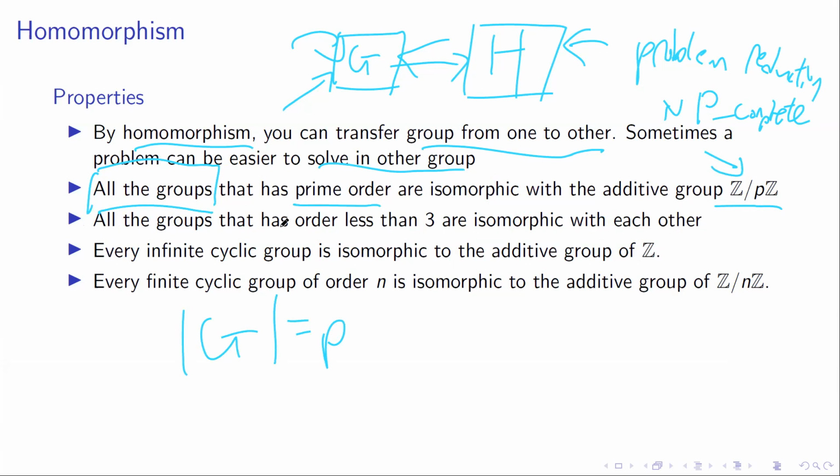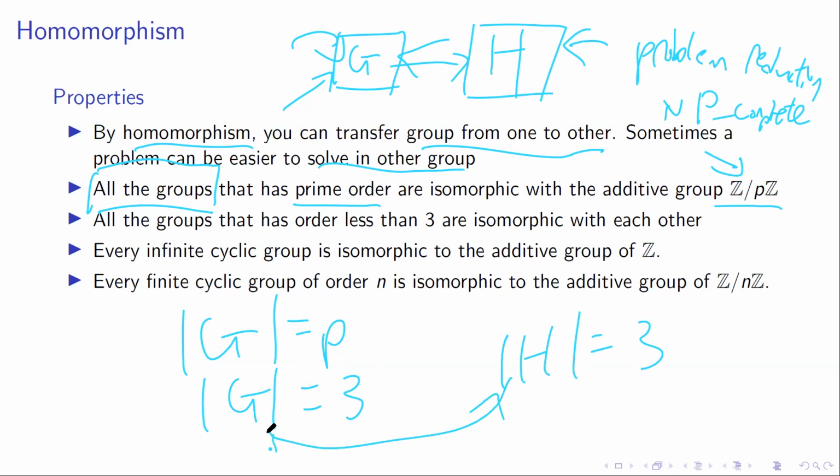And all the groups that have order less than 3 are isomorphic with each other. So if I have a group that has an order of 3, and I have another group that has order of 3, without knowing anything, I know that these two groups are isomorphic with each other. I will not prove this, but it is actually not too hard to prove, so you can check the proof online.